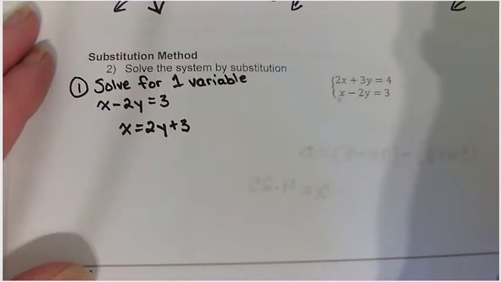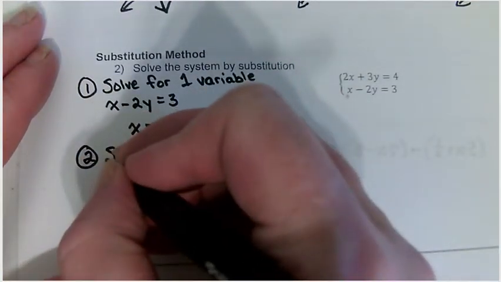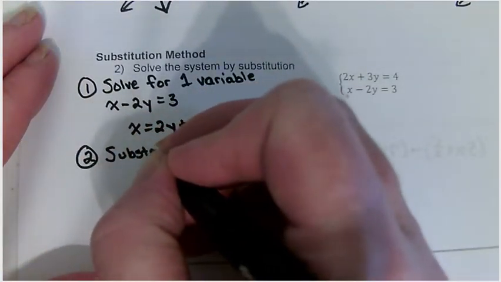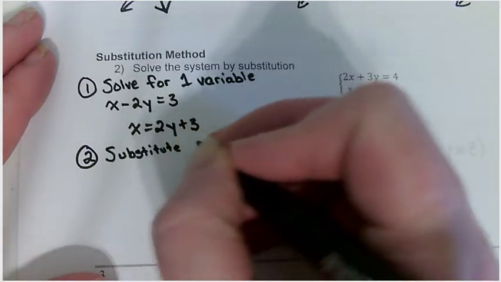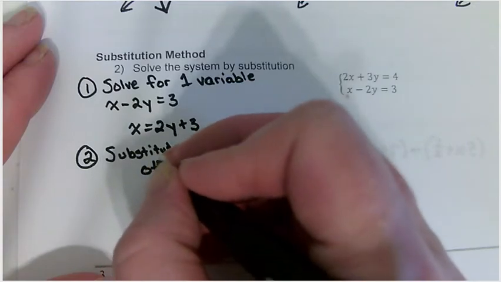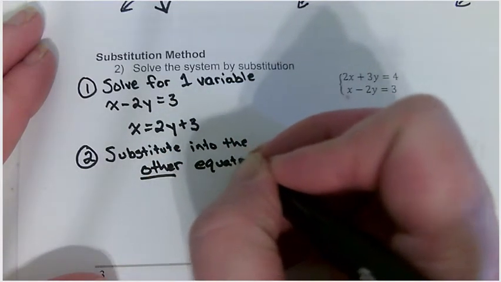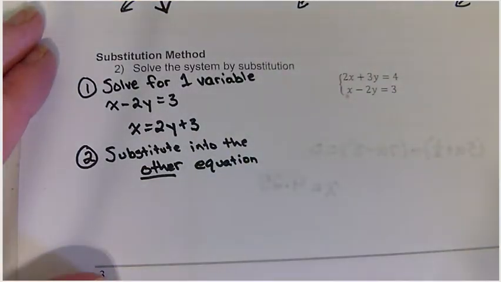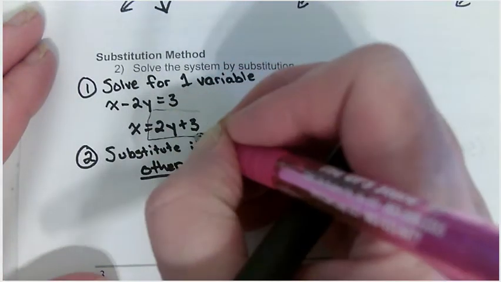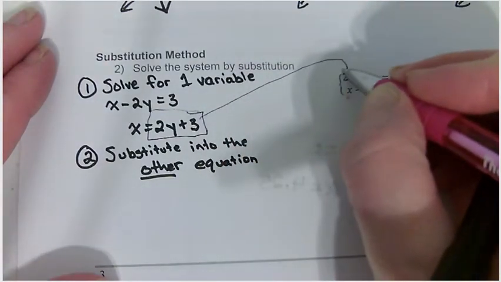Now, step 2 is to substitute into the other equation. So I'm going to be taking this expression for x, and it's going into the other equation for x.